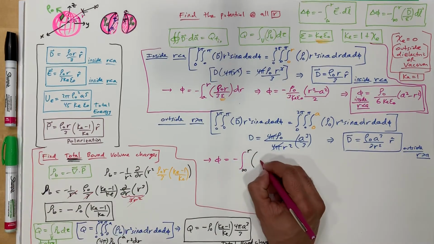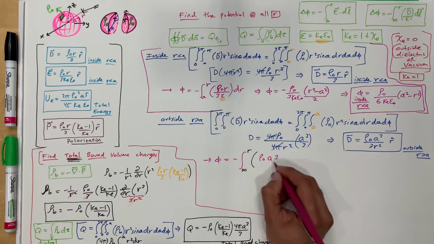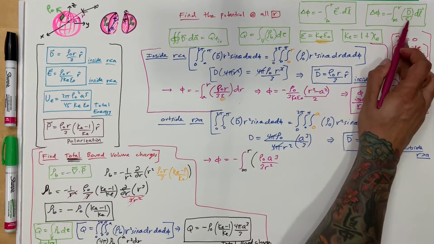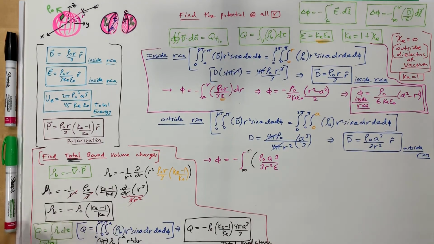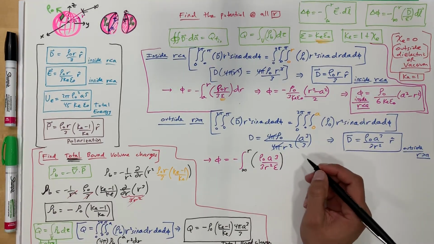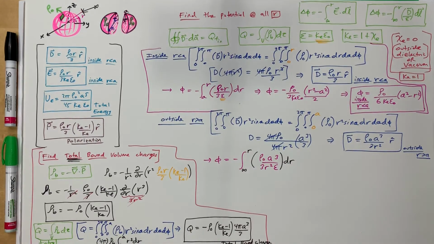and that's going to be rho naught a to the third over 3r squared, and this epsilon goes in there. Okay, and this is dr. Right, so now this one is different.